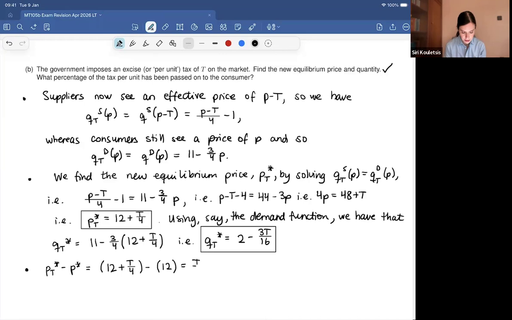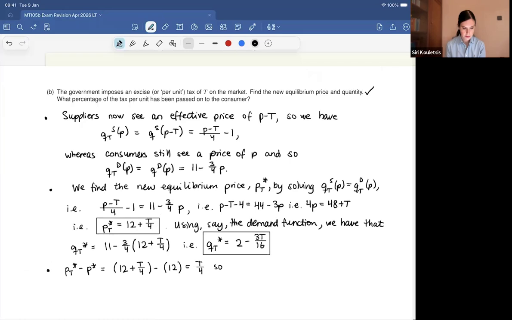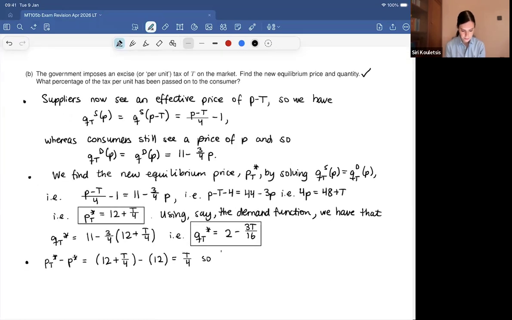So the difference in price is T over 4, which means that 25% of T has been passed on to the consumer. Should write the tax really.